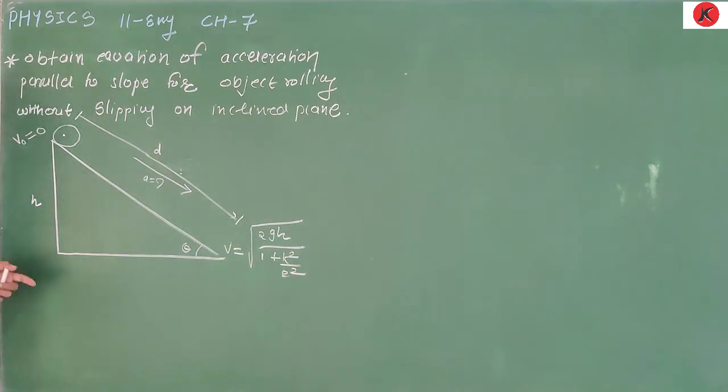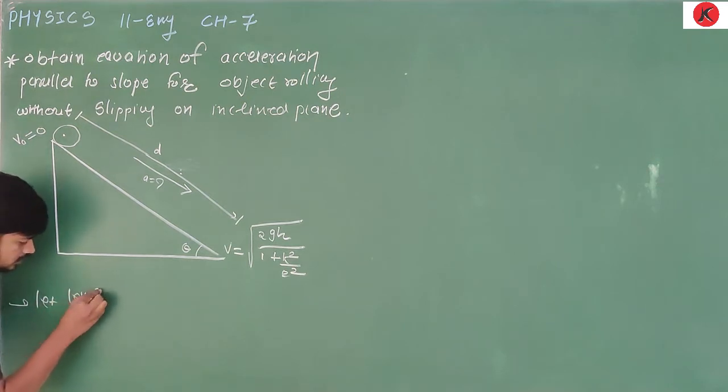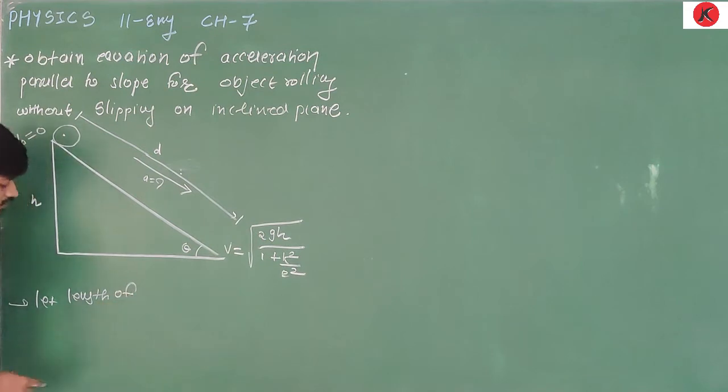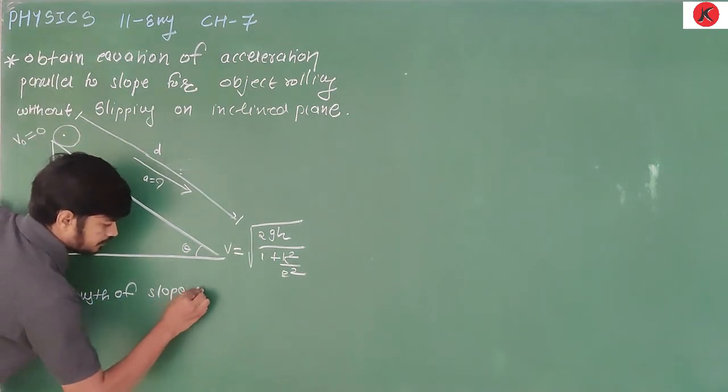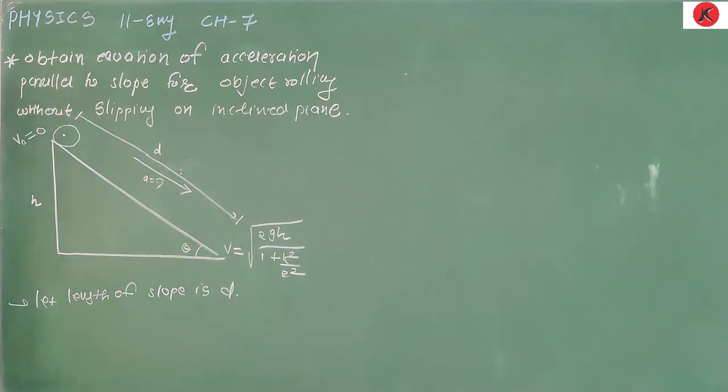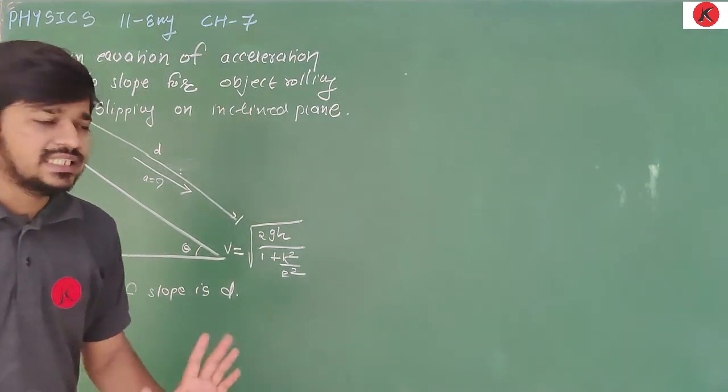So yes, I have to write, okay, the length of the slope is d. Okay, now see the data. Initial velocity is 0, it is final velocity, acceleration and distance. Yes or no? Yes it is.